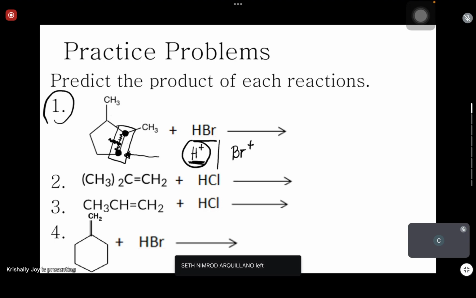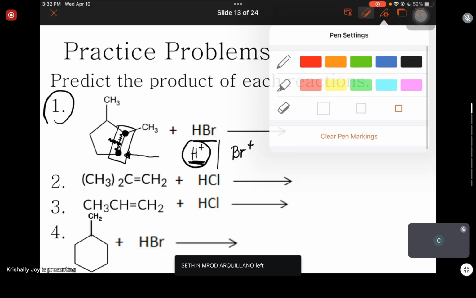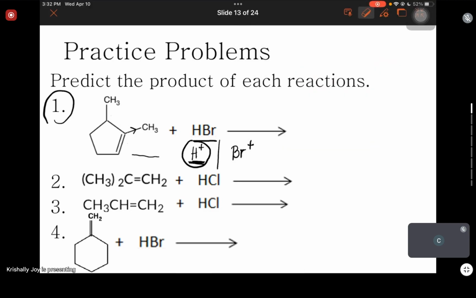Kasi kung titingnan nyo, kahit hindi pa natin i-omit yung double bond, this carbon, pwede nyo na i-compare agad which has more hydrogen. Itong carbon na to, color blue, meron na siyang 1, 2, 3, 4 bonds.